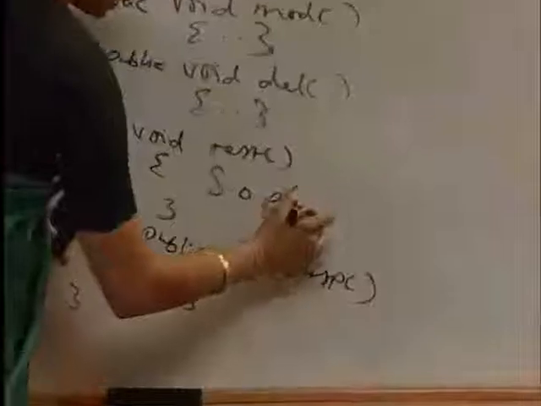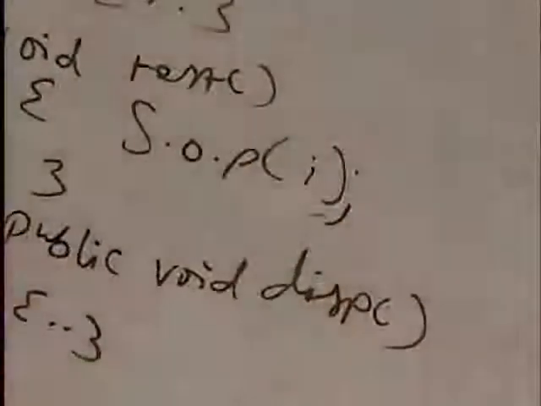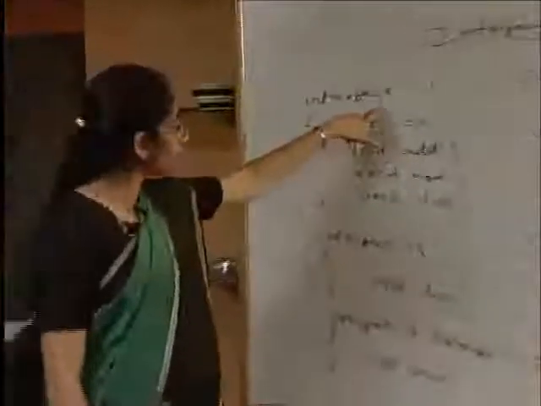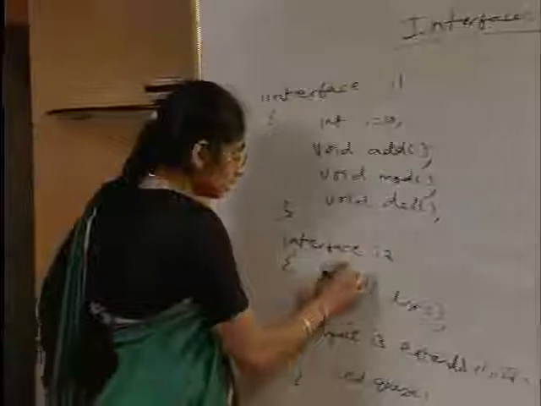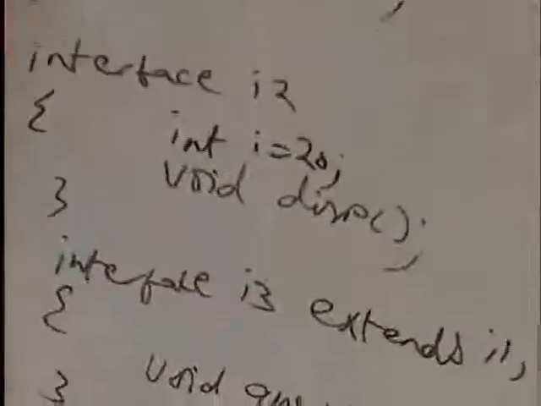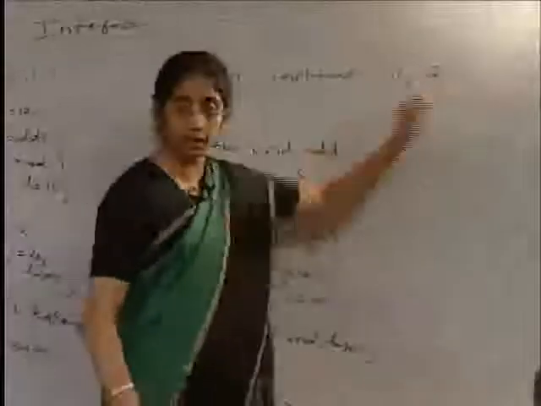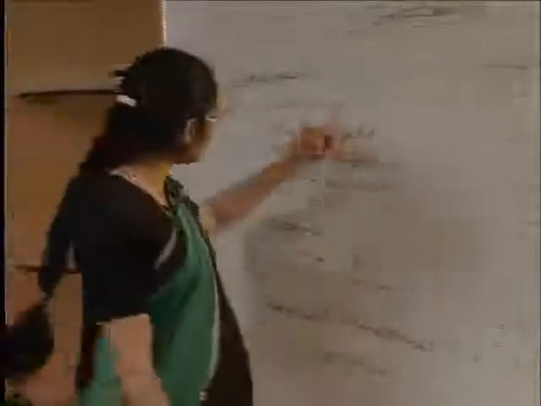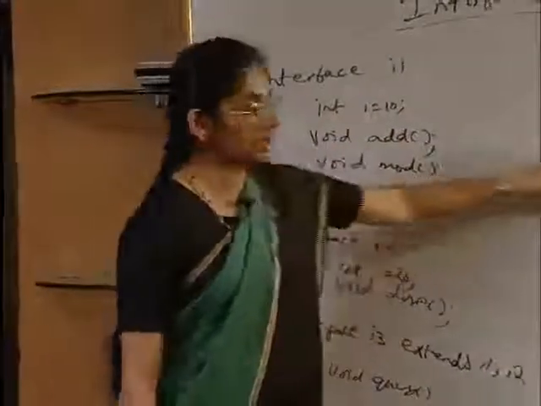Now let's say I don't have this int I, and here I just say I. Now I'm accessing the I of I1. But let's assume I have int I is equal to 20 in I2, and this class happens to be implementing I1 and I2. Now which I am I talking about here? Because I have these two I's which I have inherited from the interfaces.